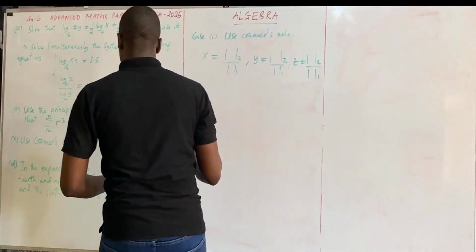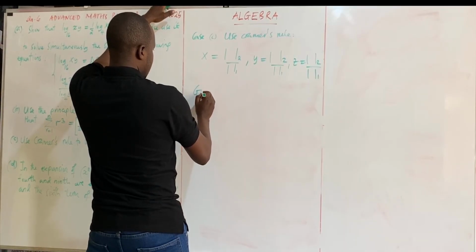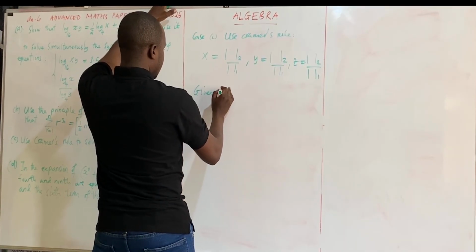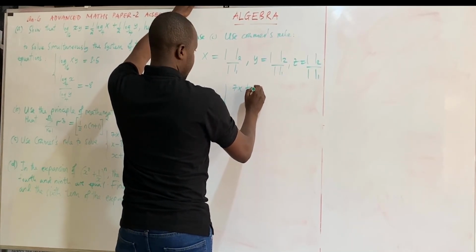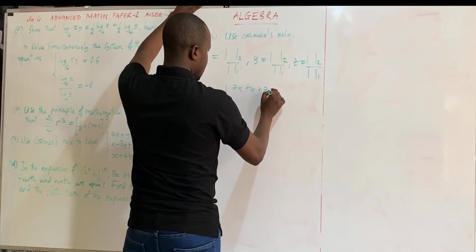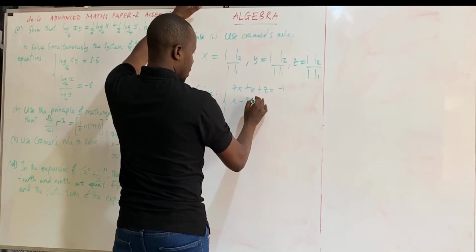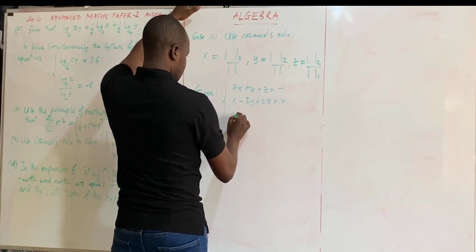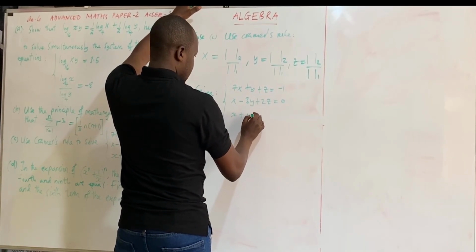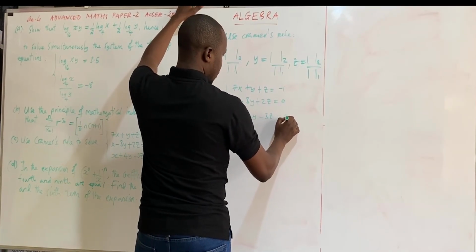If that is the case, we have the given system of linear equations: 7x plus y plus z equals -1, x minus 3y plus 2z equals 0, x plus 4y minus 3z equals 4.